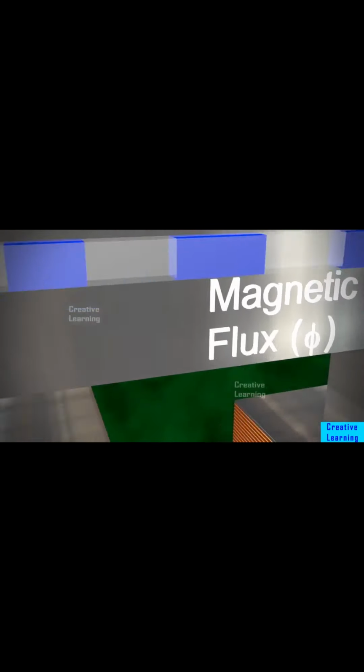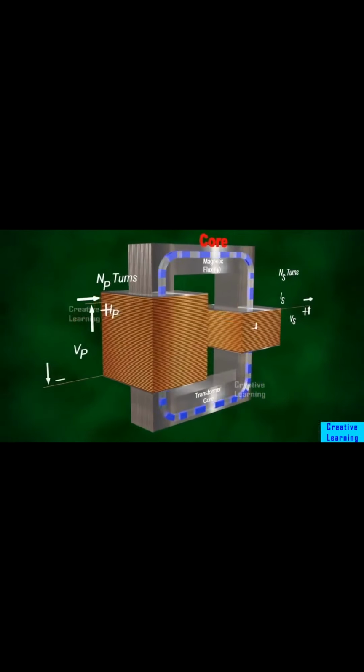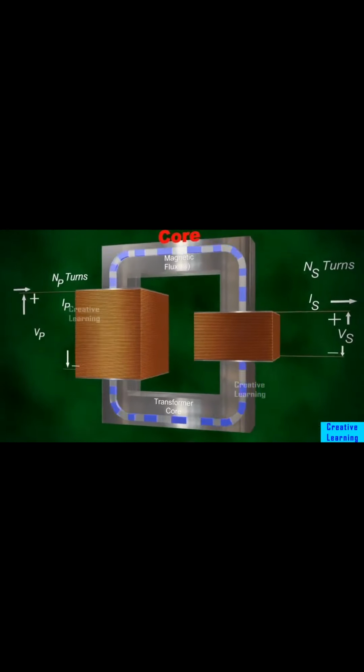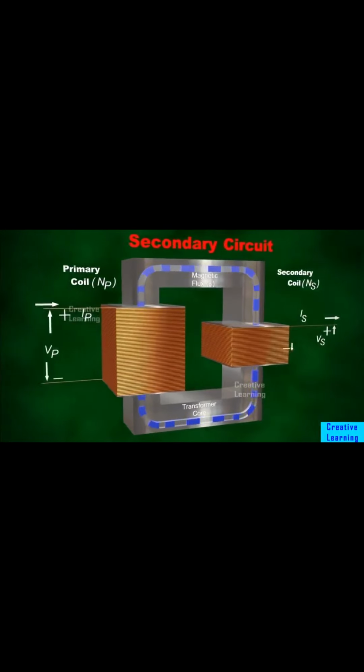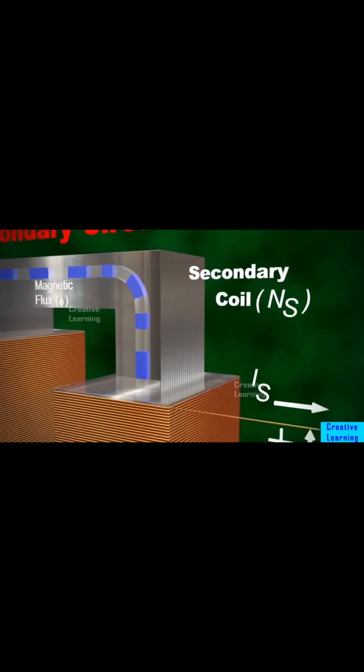The sheets are well insulated from each other. The function of the core is to transfer the changing magnetic flux from the primary coil to the secondary coil. The secondary circuit is connected to the output of the transformer. The current, potential difference, and coil in the secondary circuit are called the secondary current Is, secondary potential difference Vs, and the secondary coil Ns, respectively.